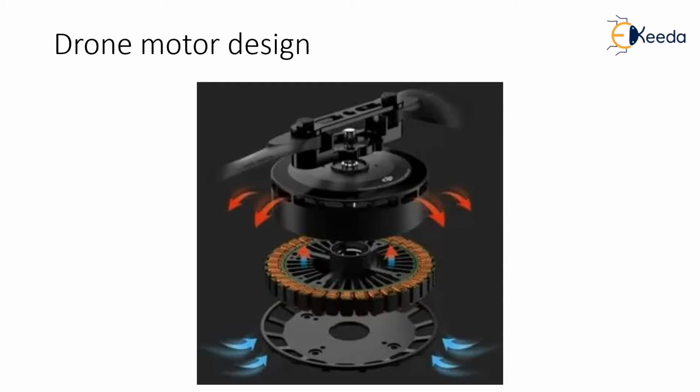The main components of the drone motor and propulsion system are as follows: motor stator, motor rotor, windings, bearings, cooling system, electronic speed controllers, ESC updater, propellers, wiring, and arm.